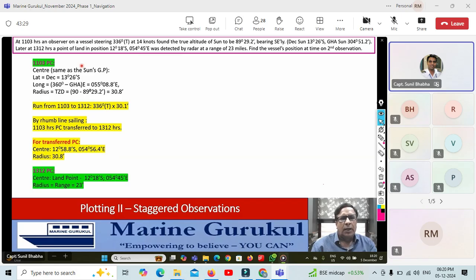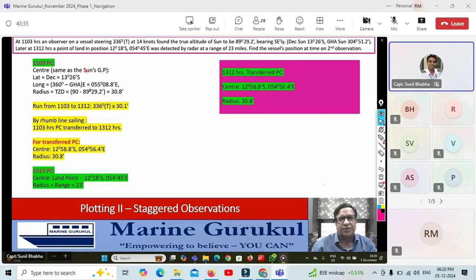Now, having transferred the center of the first PC, we can draw two position circles for the same time. One position circle shall be the transferred position circle, the first position circle transferred to 1312 with the center in 12 degrees 58.8 minutes south, 054 degrees 56.4 minutes east, and radius of 30.8 miles.